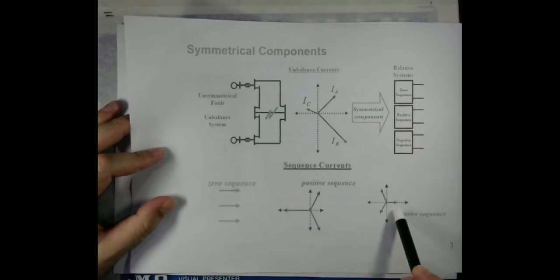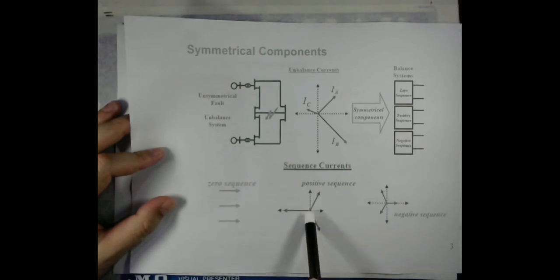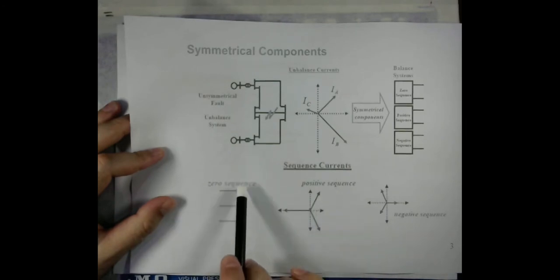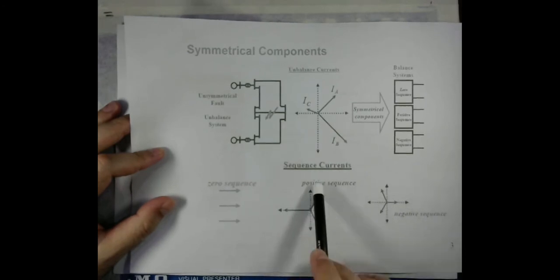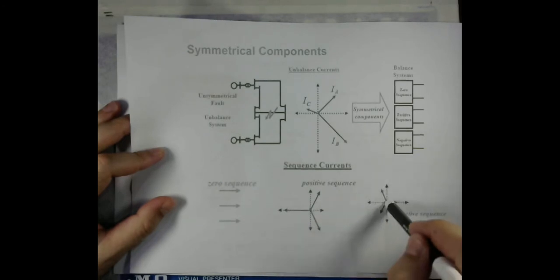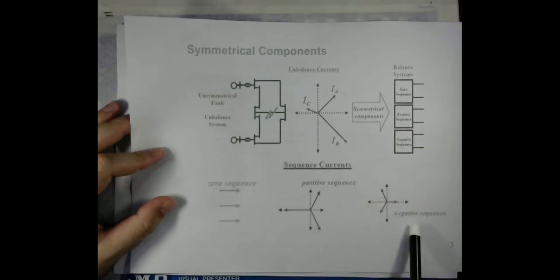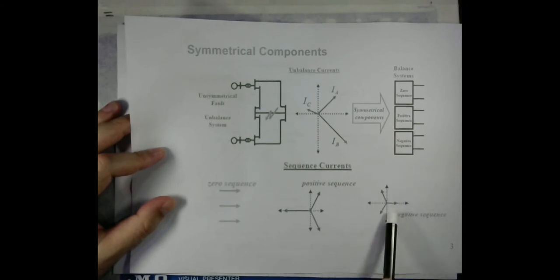They have equal magnitude. Although it is important to mention here that the magnitude of the quantity in zero sequence, positive and negative sequence is not the same. These quantities may have different magnitude than the positive sequence quantities. But all three quantities in the negative sequence have equal magnitude and are phase shifted by 120 degrees, although their magnitude could be different than the positive sequence quantities.